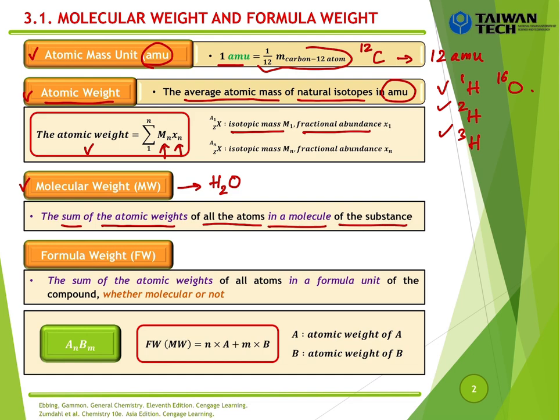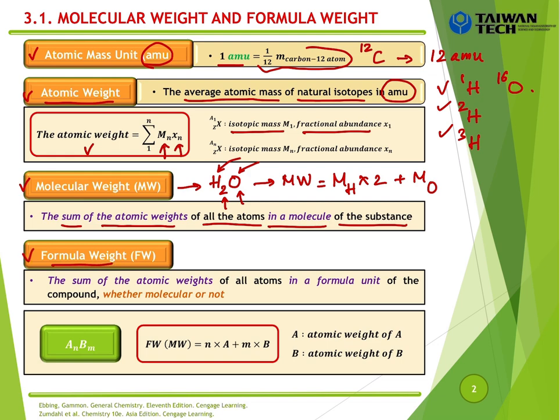So from here, you know the mass of hydrogen, you know the mass of oxygen, and then you can calculate the molecular weight as the mass of hydrogen times 2, because you have 2 hydrogen atoms in your structure, plus the mass of oxygen, because you have only 1 oxygen in your structure, okay?